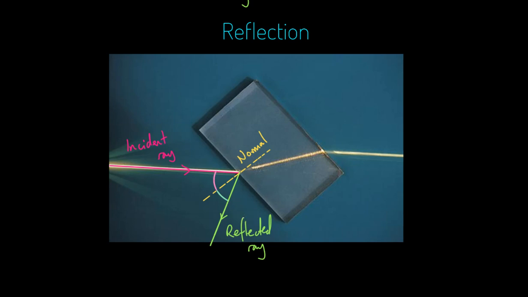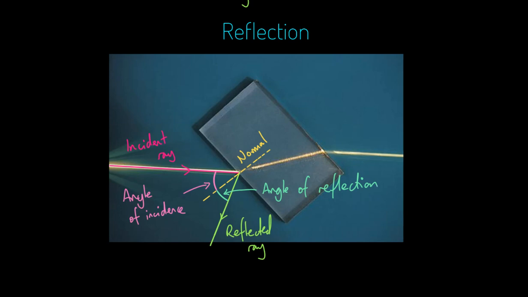Okay, so this angle here, the pink one, unsurprisingly, because it is measuring from the normal to the incident ray, is called the angle of incidence. And the other angle, the one between the reflected ray and the normal, unsurprisingly, is called the angle of reflection. You see, sometimes science makes total sense.